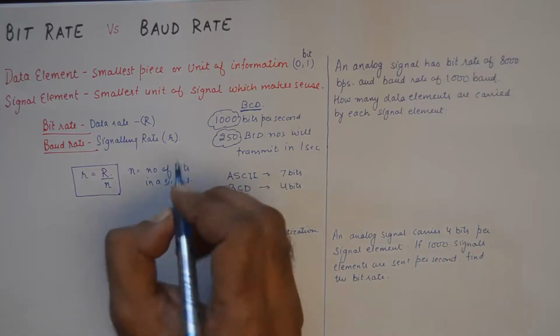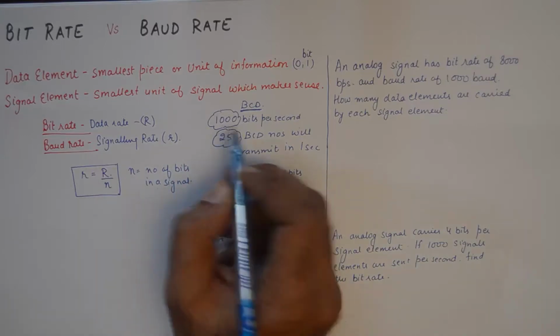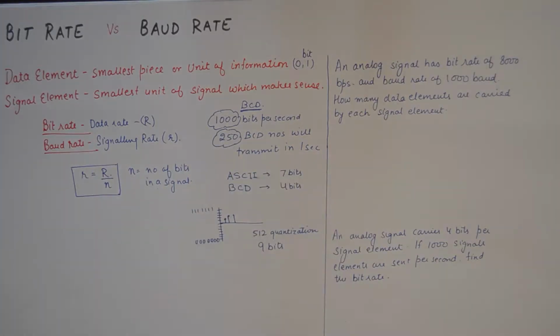So the baud rate becomes 250 and the bit rate becomes 1000. And it is a fact that baud rate can never be greater than the bit rate. It can at most become equal to bit rate, where one signal element constitutes just one bit.